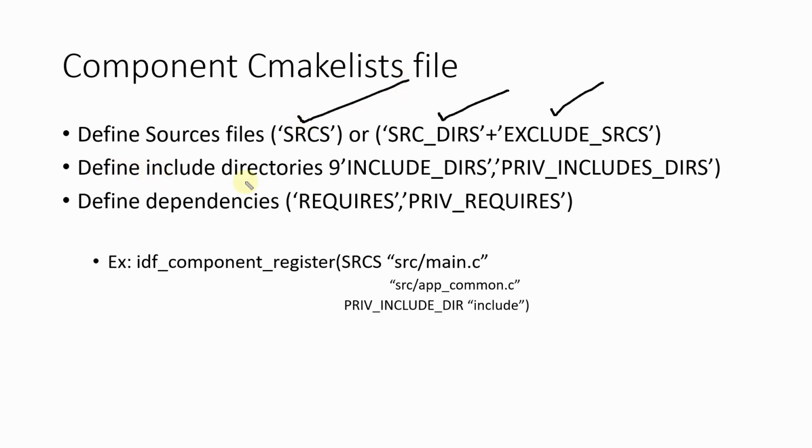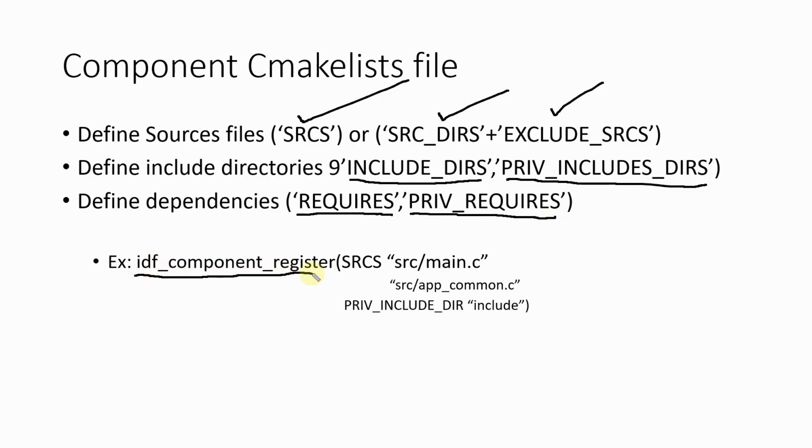And you will be defining the include directories using INCLUDE_DIRS, and private directories can also be included using PRIV_INCLUDE_DIRS. And the dependencies can be included using the REQUIRES command or PRIV_REQUIRES command.